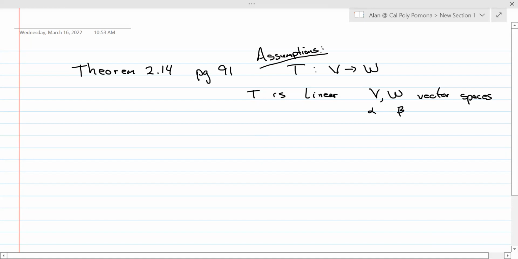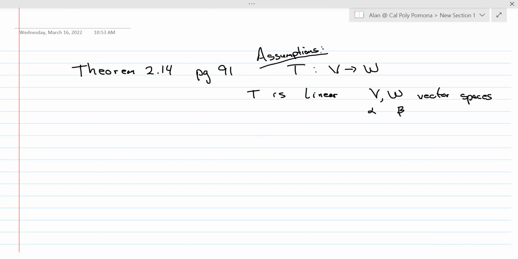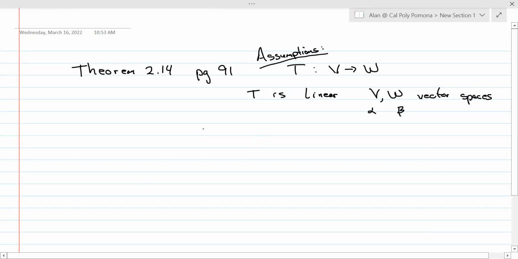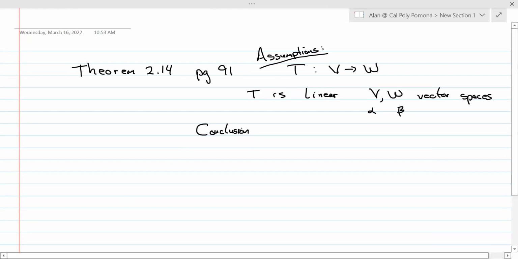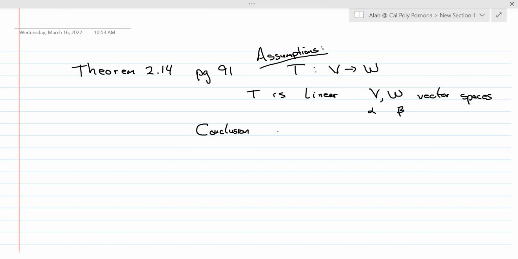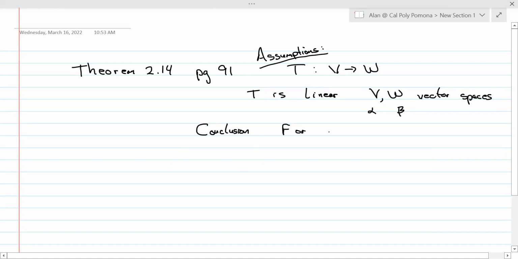Okay. And here's the conclusion. For each vector U in V, we have the following.